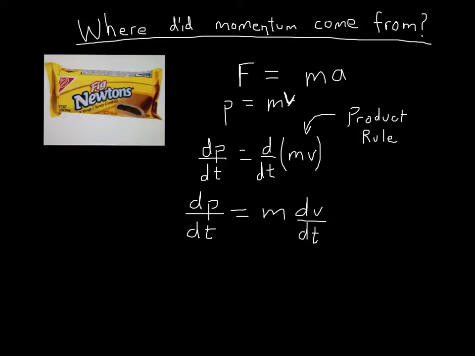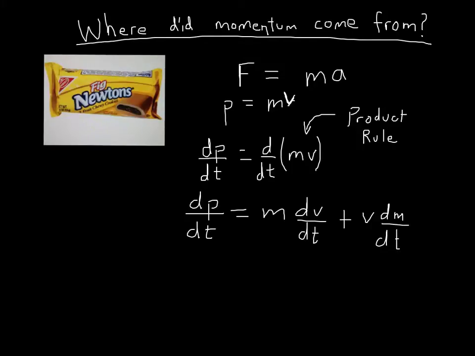And since I'm following the product rule, I have to add the second variable, v, times the derivative of the first, dm dt. This is the product rule.